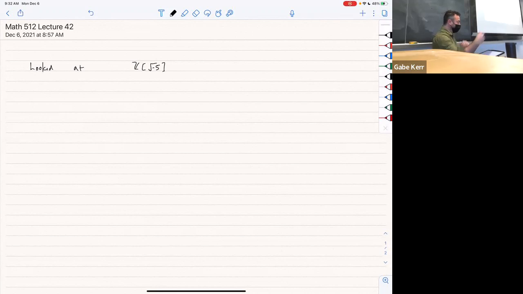We didn't get too far in there, but I want to state a couple of propositions. This first proposition is not hard to prove at all.